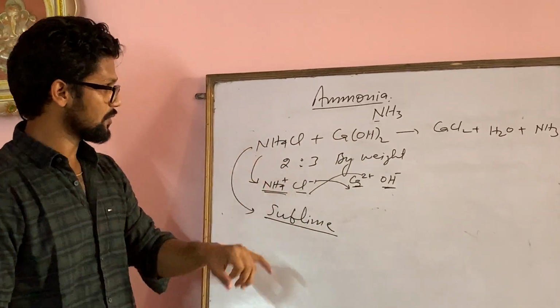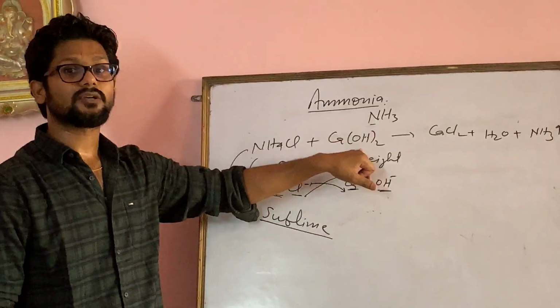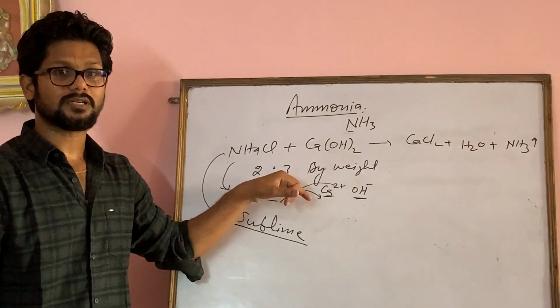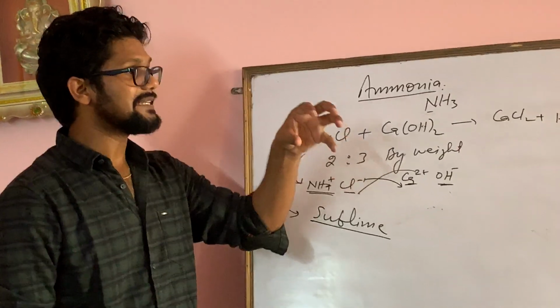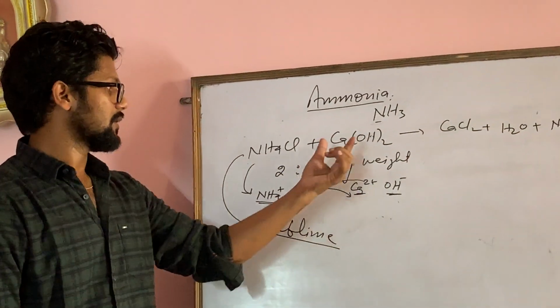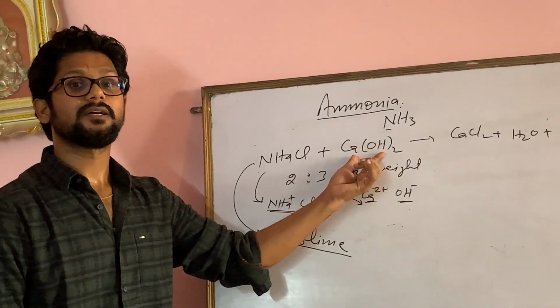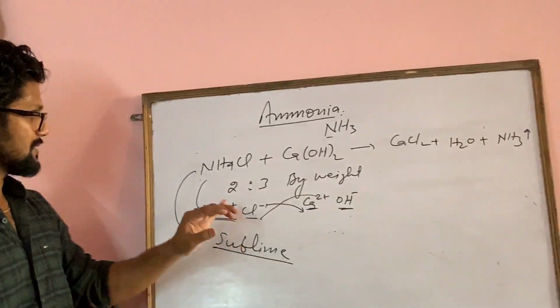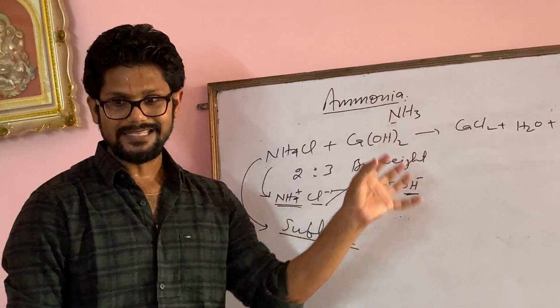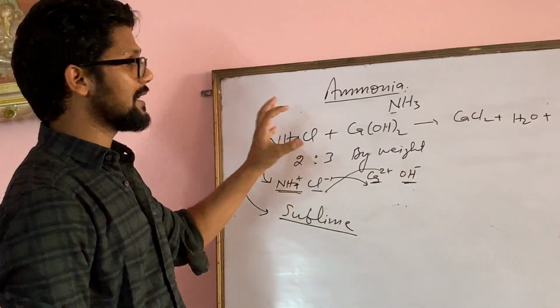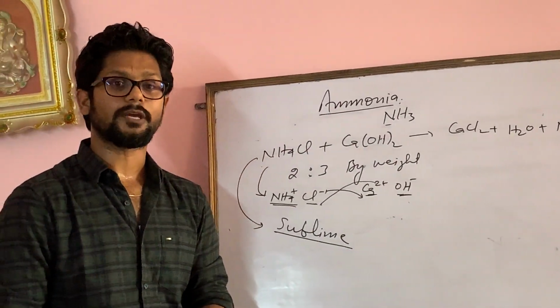Therefore the calcium hydroxide is taken more by weight, so that ammonium chloride reacts completely with the calcium hydroxide. That's why the ratio is taken 2:3 by weight. So these are the terms related to the laboratory preparation of ammonia.